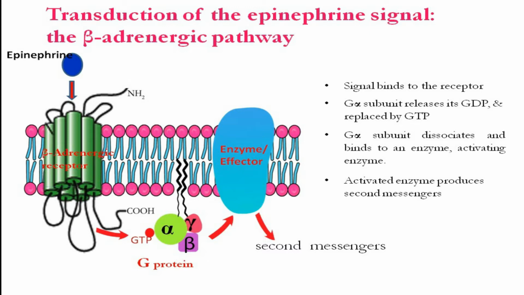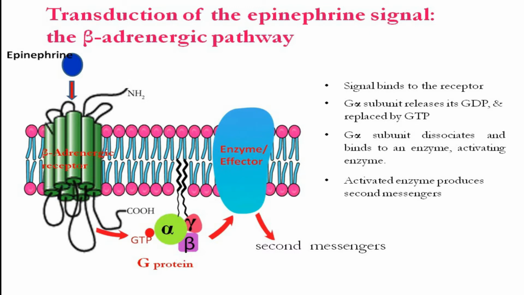Then, as we discussed earlier, this beta adrenergic receptor binds to G protein. Here, the G protein is of GS type. G proteins are of four types: GS, GQ, GI, and G12/30. So here the G protein is GS.